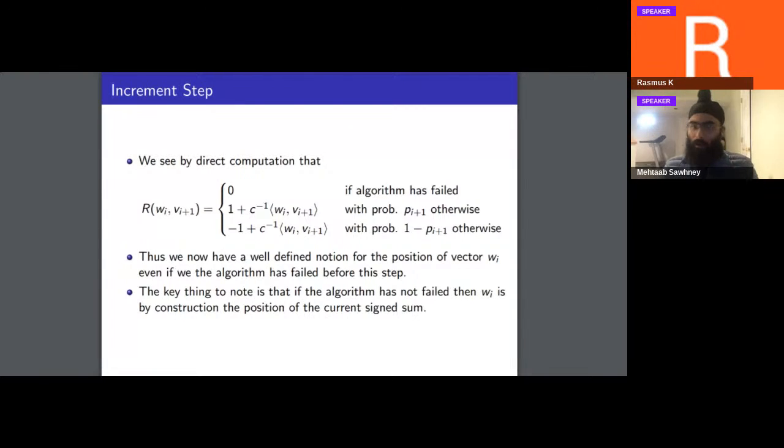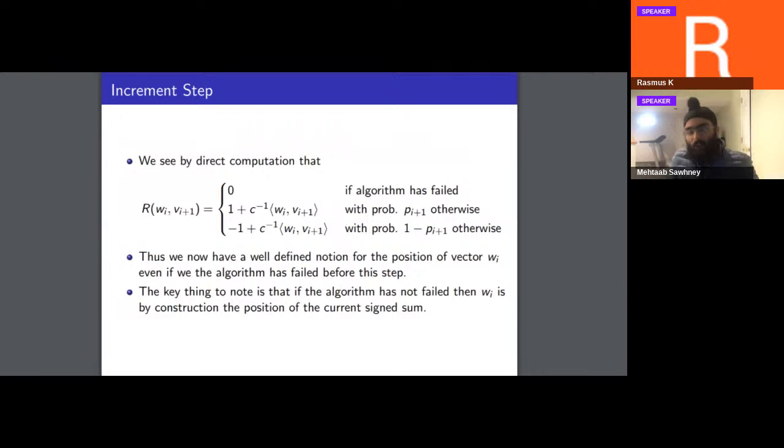This gives you a very natural way of remedying the issue of what to do if the algorithm has already failed. What you then do is you just define r to be 0. So if your algorithm has failed, you keep track of those points by just contracting them inwards based on the matrix (I minus C inverse vi+1 vi+1 transpose). It doesn't really make sense as a description of what would have happened to this point, but it's a very convenient tool in the analysis because it gives you a notion of what happened to these failed points.